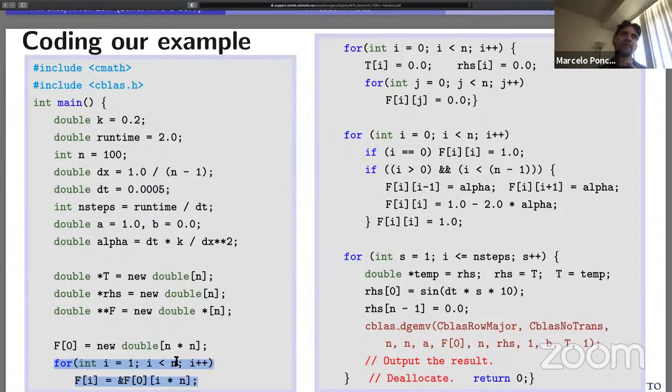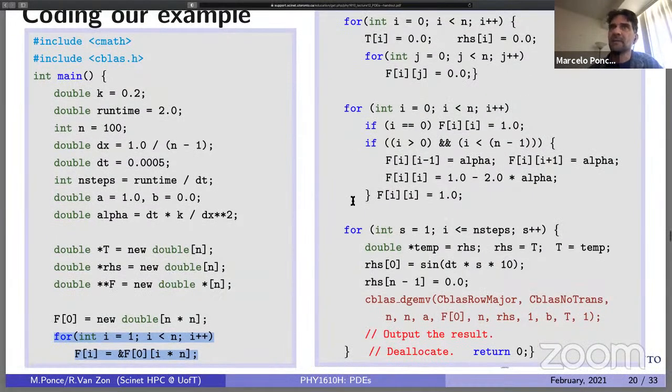You may recall this matrix has a particular shape, it is a tri-diagonal matrix. So we only need the diagonal, and the upper and lower diagonals. The matrix is going to be initialized at 0. Temperature is going to be initialized at 0 originally, and the right-hand side the same. And then I'm going to take special care of the different parts of the matrix.